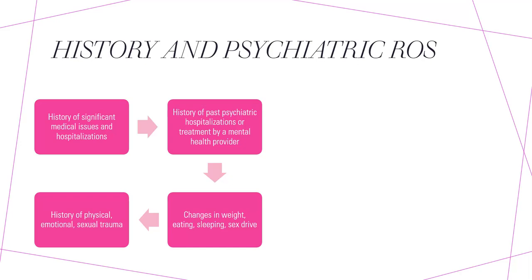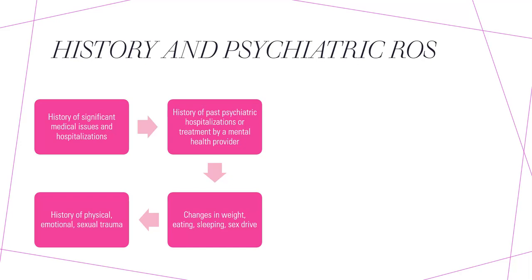So the history in the psychiatric review of systems, and I have this in several different places, so you're going to see it more than once because it's important. You want to know any history of any significant medical issues or hospitalizations, comorbidities. That's important, right? For different medications that you're going to prescribe.